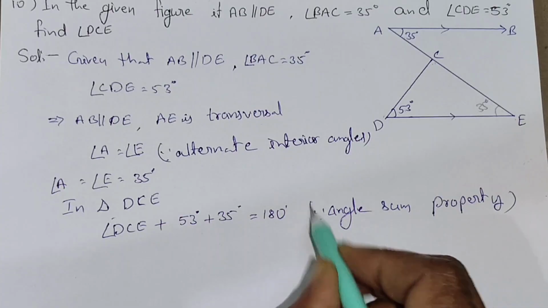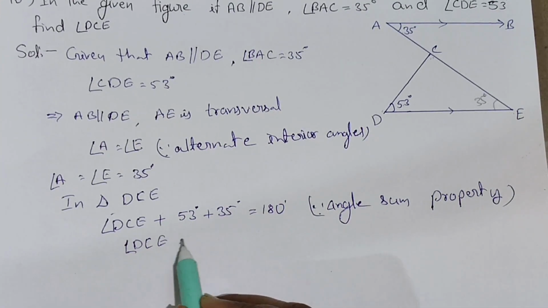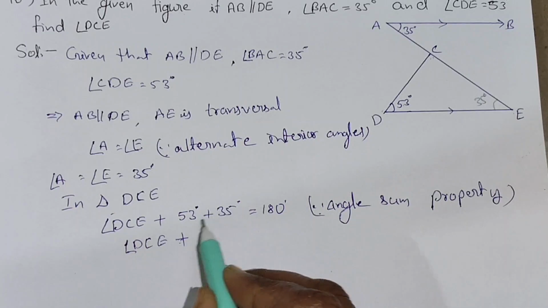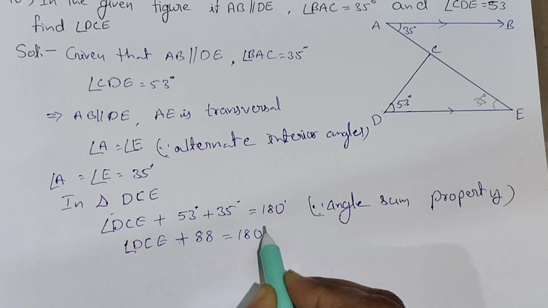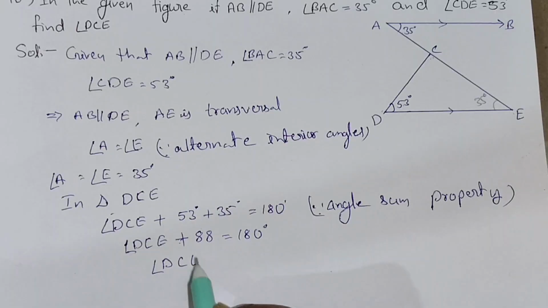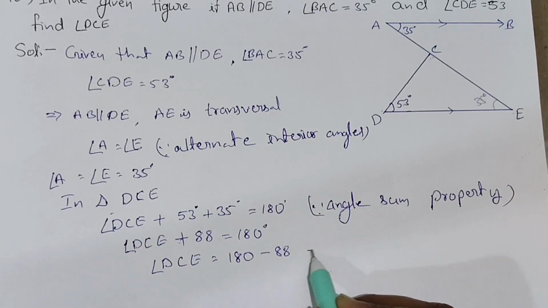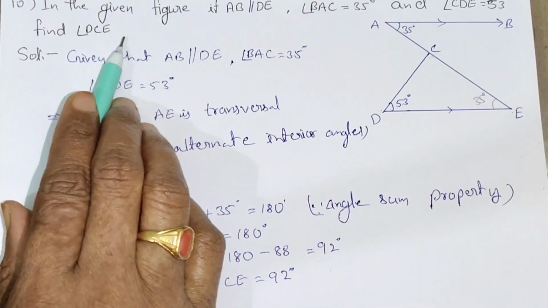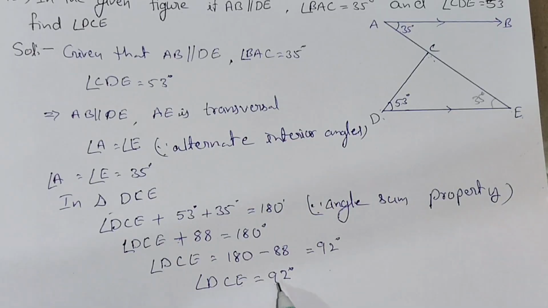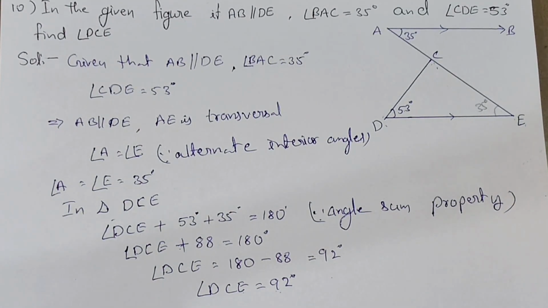So angle DCE plus 88 is equal to 180, so angle DCE is equal to 180 minus 88, which is 92 degrees. Angle DCE is equal to 92 degrees. This is the complete answer to the 10th one.